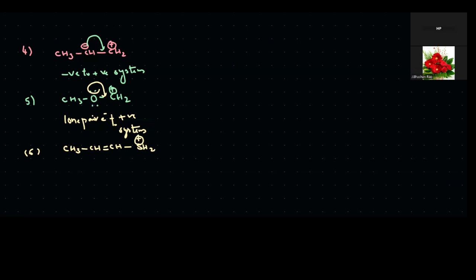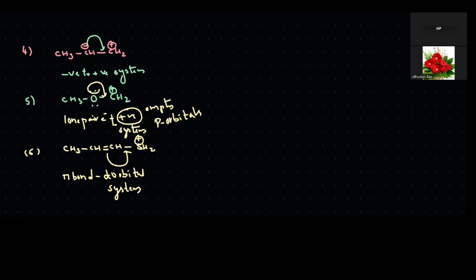Now this pi system donates electrons to this: pi bond to d orbital. In the above case, positive charge means empty p orbitals; here, empty d orbitals. So that is the difference. These all are the conjugated systems. So by using this, how to identify the plus M and minus M groups present in given molecules.